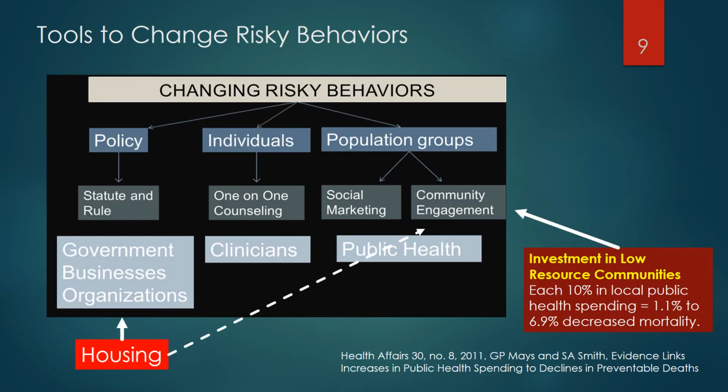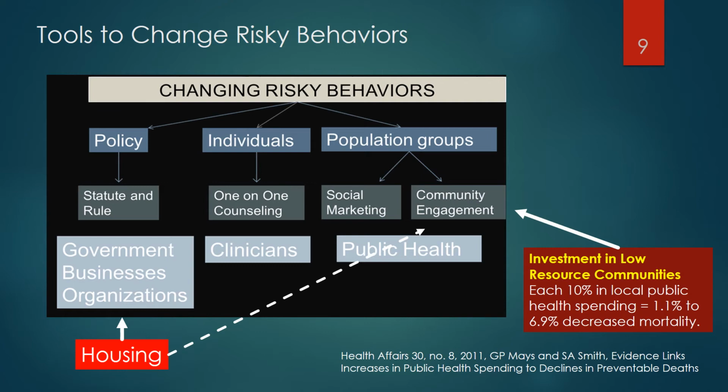There are three major sets of tools to change risky behaviors: policy, influencing an individual one-on-one, the clinical, and population-based interventions. Policy, developed by local, state, and federal governments, businesses, and organizations, is an effective tool to encourage healthy behaviors, but must be implemented and enforced to be effective.